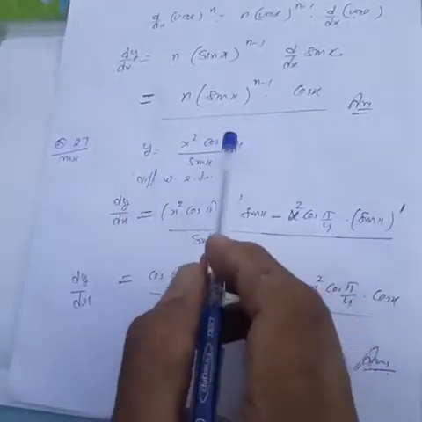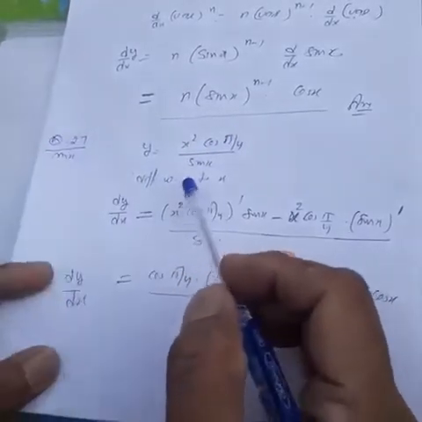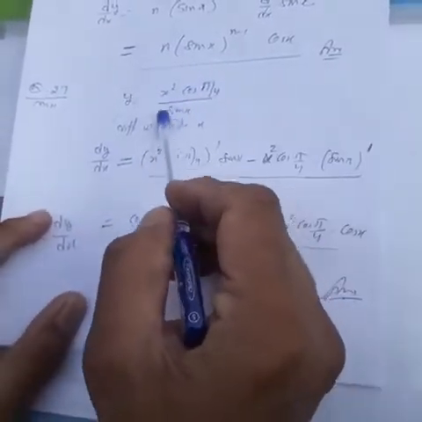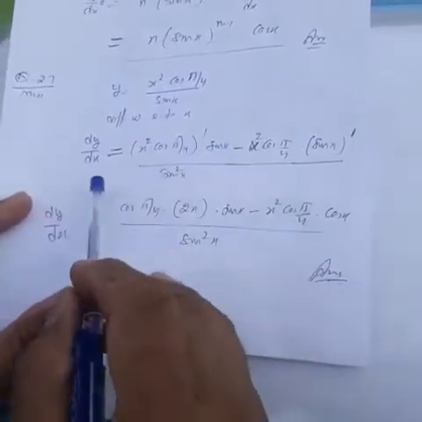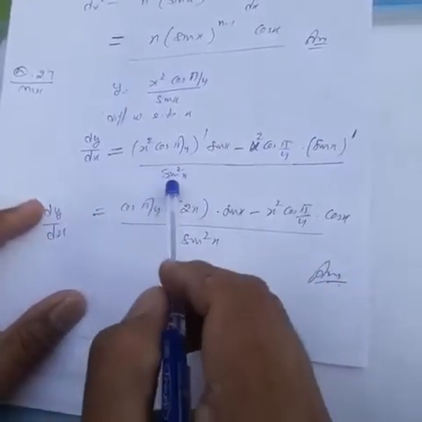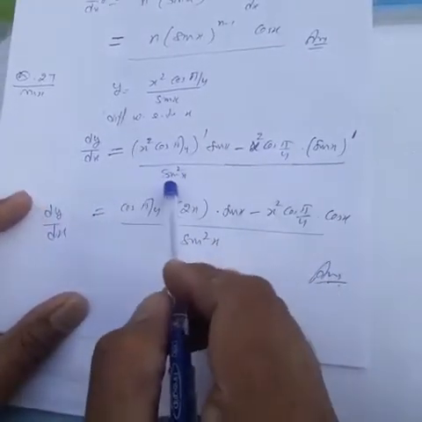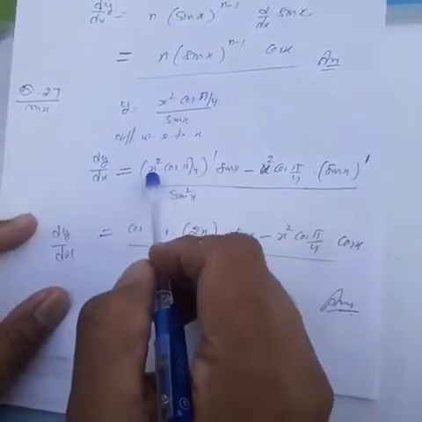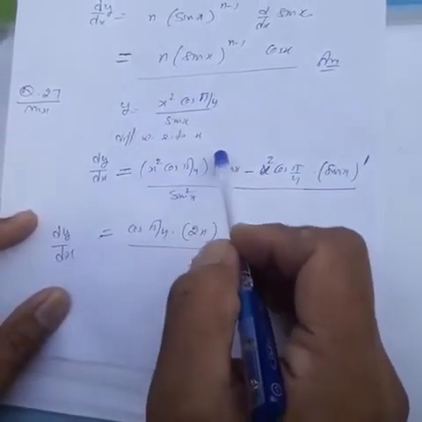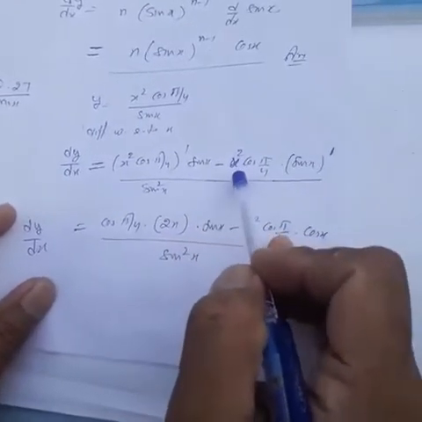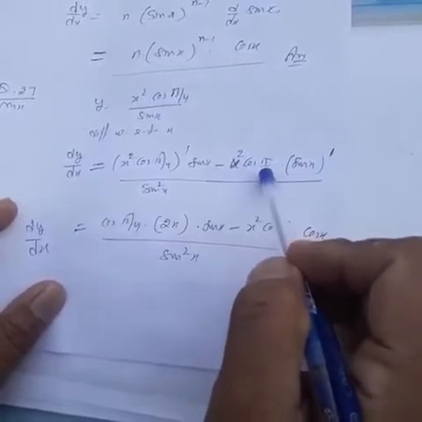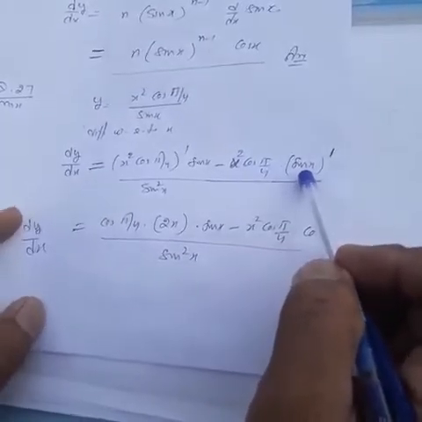So to differentiate, we will use the quotient rule, u upon v. This whole numerator is u, this is v. Apply the formula; I have directly applied it. V square in the denominator means sine square x. In the numerator: derivative of u, derivative of x square into cos pi by 4, into sine x, minus u into v dash. U means x square into cos pi by 4 into the derivative of sine x.